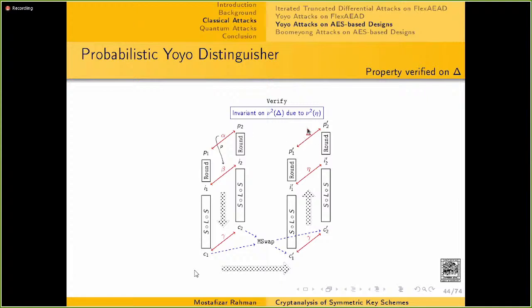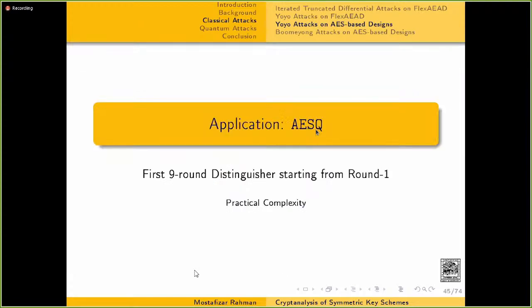Using our nested zero difference pattern, we are checking a property, whether some number of bytes here are active or not. We applied this on the 9-round listing on the ask permutation. This is the AES-based permutation, and we reported here the first 9-round distinguisher starting from round 1.